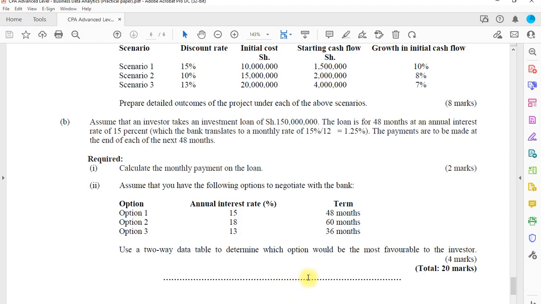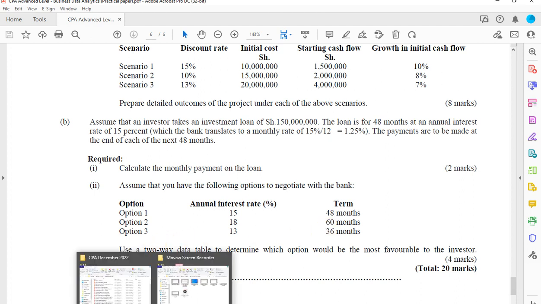So when you go to Roman 2 of this question, assume that you have the following options to negotiate with the bank. Option 1, the rate is 15, the maximum is 18, the minimum is 13, and our terms, the minimum is 36, the maximum is 60 months. So we need to use a two-way data table.